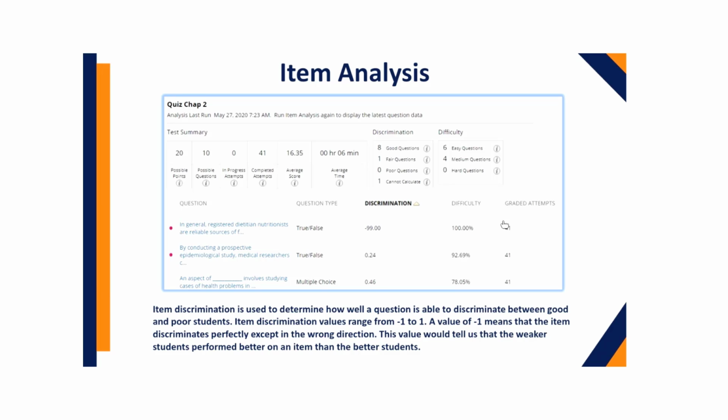It will tell you the total points possible. It will tell you how many questions you had, how many students actually attempted it, the average score, and the average time that was spent on the actual entire test. So about 6 minutes.